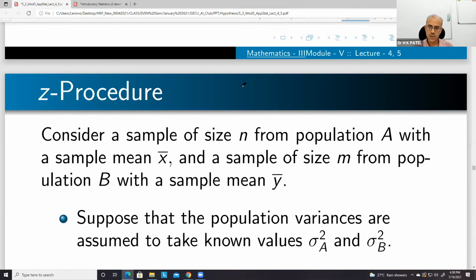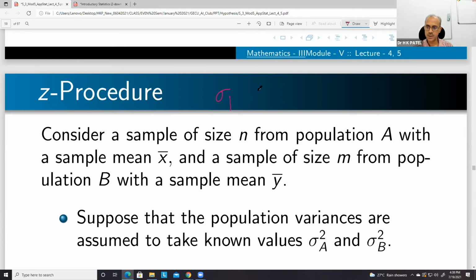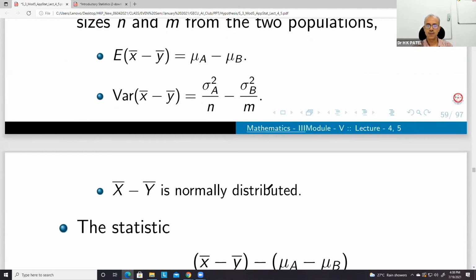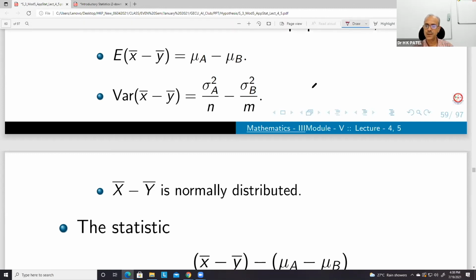So we use the known standard deviations of the populations. The distribution parameters are: the expected value is mu a minus mu b, and the variance is this one, and therefore the standard error will be the square root of sigma a squared upon n plus sigma b squared upon m.